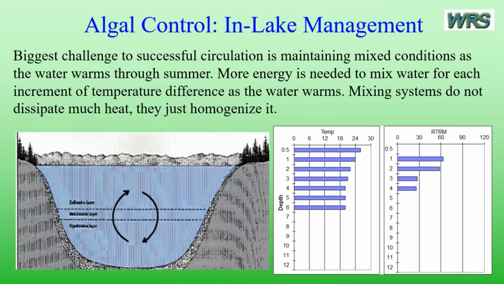Okay, the biggest challenge in successful circulation is maintaining the mixing. Water warms through the summer. You're not getting rid of heat from this, you're just mixing the water. So the water's getting warmer and warmer. It's a simple physical fact that more energy is needed to mix warmer water than colder water. For every temperature degree difference, when the water's warmer, you need more energy to mix it.